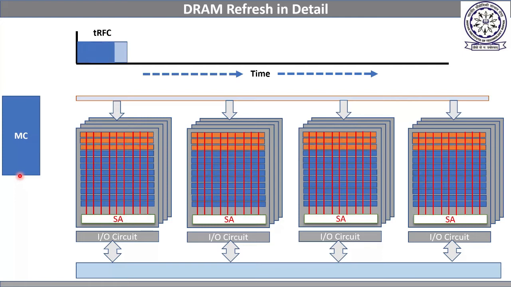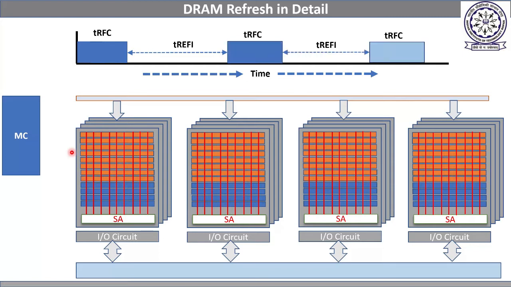I'm not going into detail on this example; it was already explained in the last class. So the first refresh command will refresh these 4 rows, and then after a refresh interval time, that is tREFI, another refresh command will come and refresh the next 4 rows. Then again another refresh interval will come, which will refresh the last 4 rows. So there are two things required here.